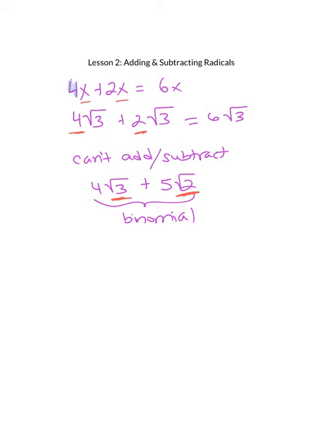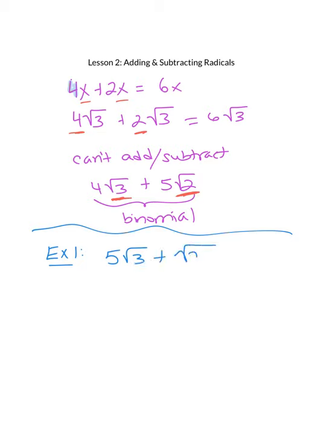So in order to add, you have to always make sure that your radicals are simplified. So for example, example 1. If I asked you to simplify 5 radical 3 plus the square root of 27, and I use those words interchangeably, radical and square root.